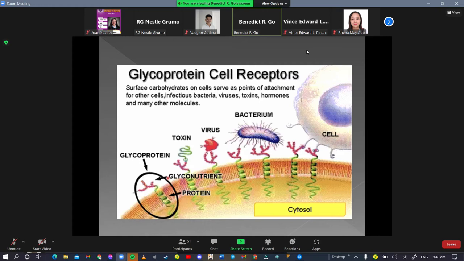Tell her. So RG, what are examples of viruses that link with the oligosaccharide portion of your glycoprotein? What are viruses? Sorry, Doc, again. Viruses which link. Look at the slide. What are viruses? Usually an example of a virus, Doc, that links to glycoprotein is Ebola, Doc.